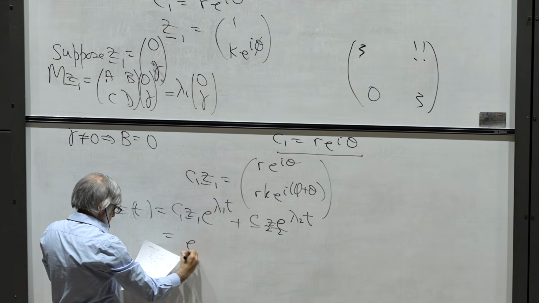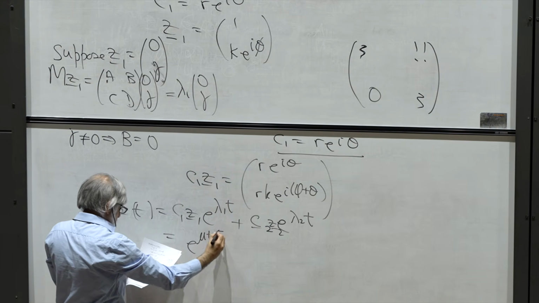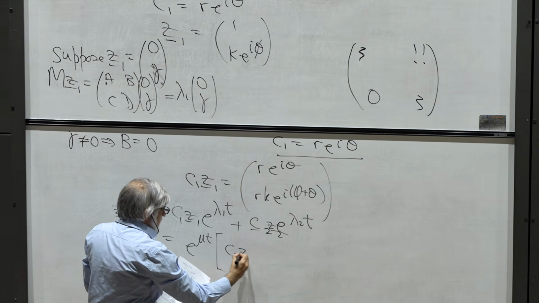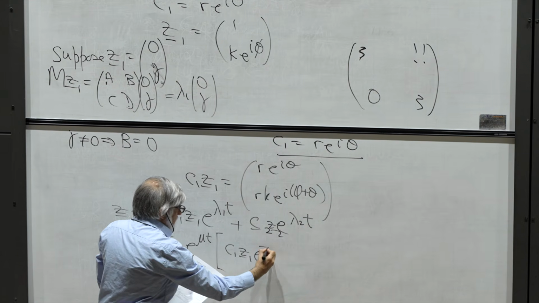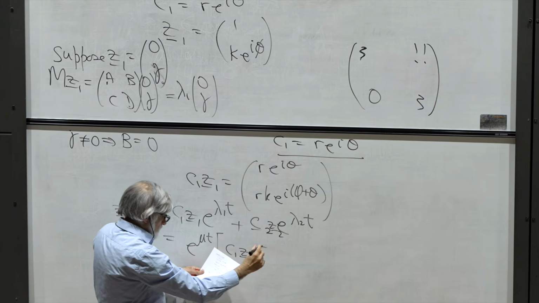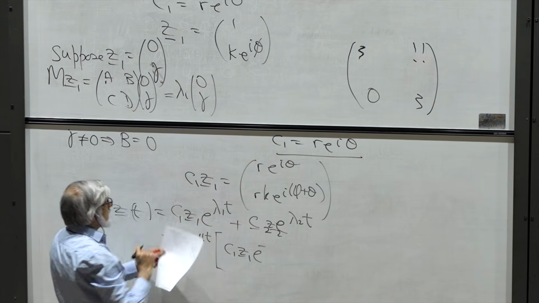So this we can write as e to the mu t times C1 Z1 e to the minus... well, it doesn't really matter.